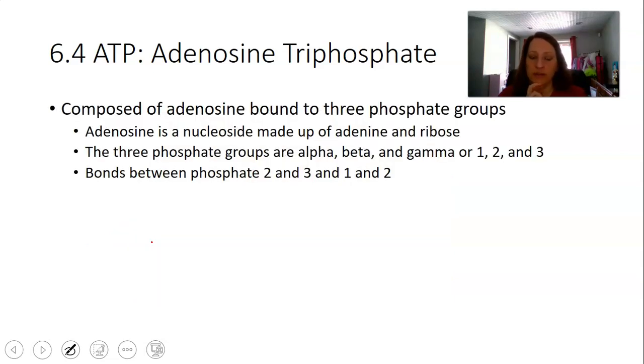Here it is in words. Again, ATP is composed of adenosine, which is made up of an adenine and a ribose, and then the 3 phosphate groups. Again, we can call them alpha, beta, and gamma, or 1, 2, and 3. It's the bonds between phosphate groups, really 2 and 3, that are really, really important.